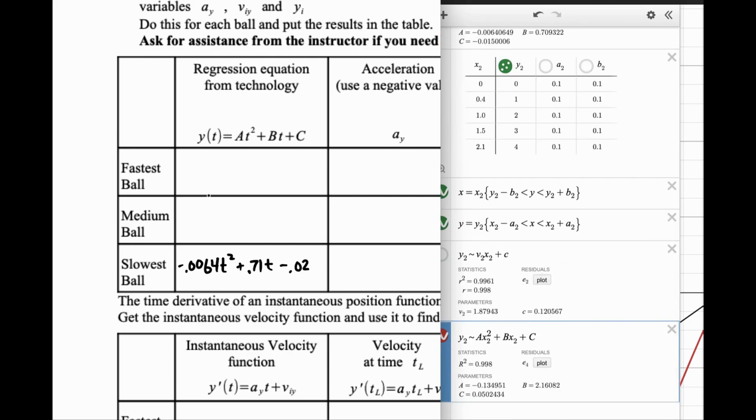Then we got our fast equation: negative 0.13 t squared plus 2.16 t plus 0.05.